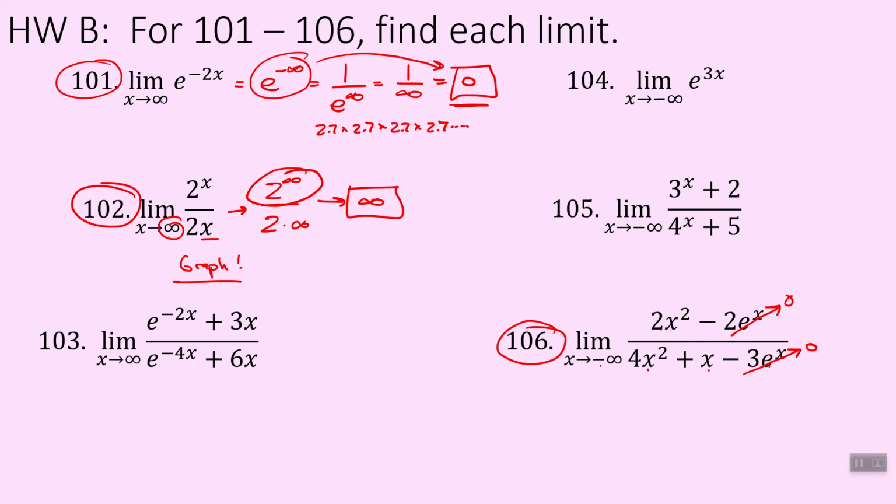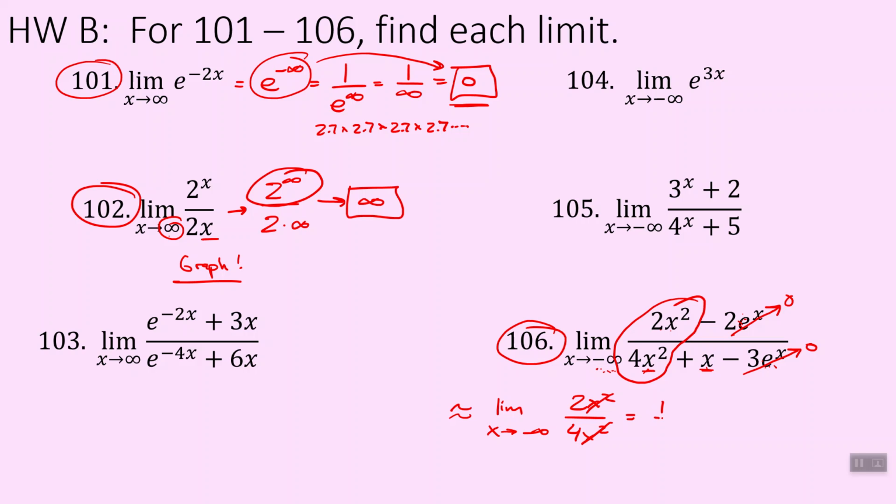So really, again, when we're going towards infinity, we only want to look at the highest power on top and bottom. And since these guys are going to 0, they're not part of the highest power. The highest degree terms that we're looking at as we go to infinity are those two. This x is minuscule compared to this x squared here. So what we get is that this is essentially equal to the limit as x goes to negative infinity of 2x squared over 4x squared, where the x squareds cancel.